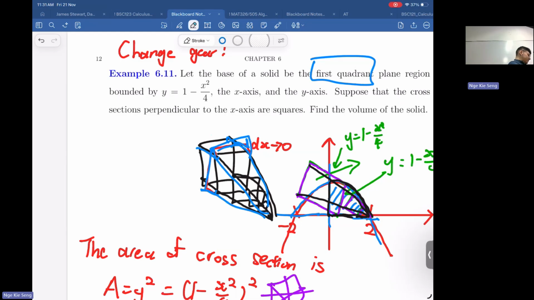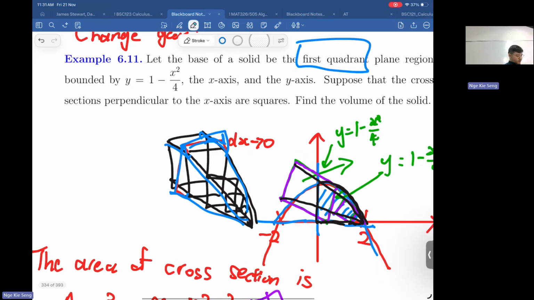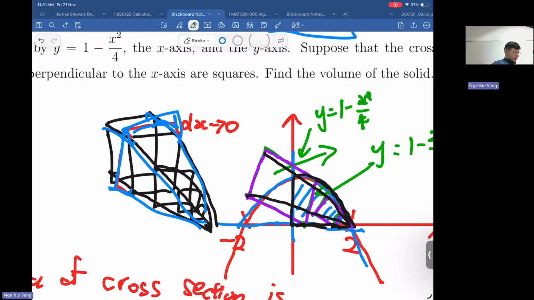But the square is getting smaller. The shape is not rectangular either.